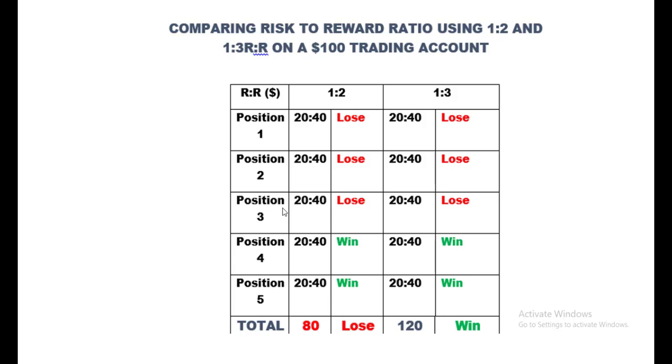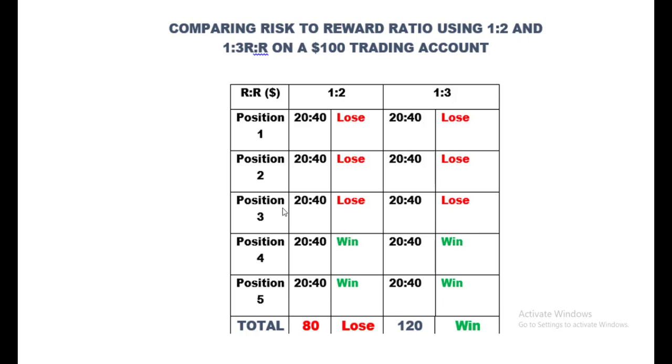Okay, so I'm going to explain, giving you a comparison. So now, I'm going to give you a risk to reward of 1:2 and 1:3 on a $100 trading account. So two traders, one is going to take the 1:2 risk to reward ratio, the second trader is going to take the 1:3 risk to reward ratio, and we are going to take 5 positions.